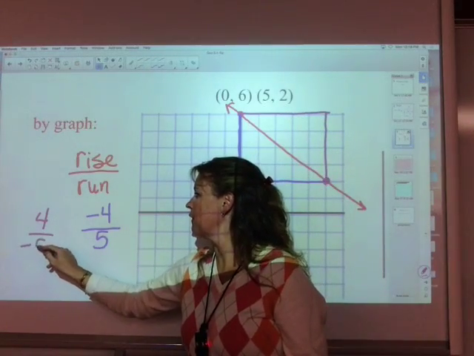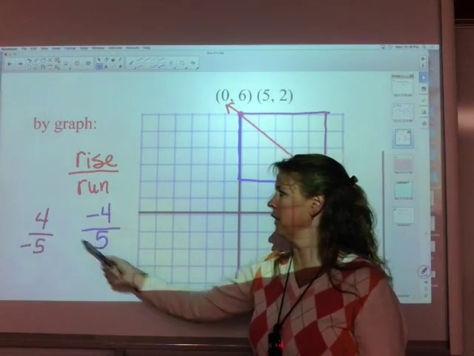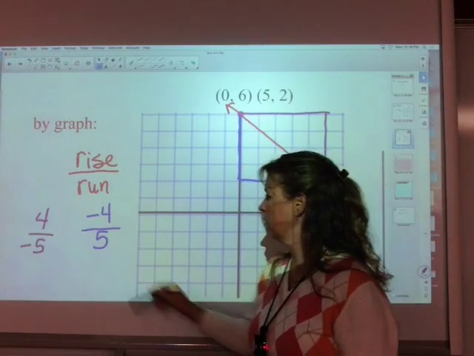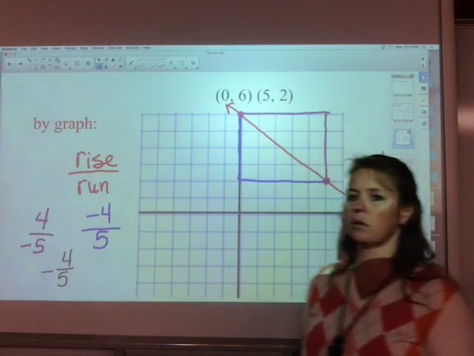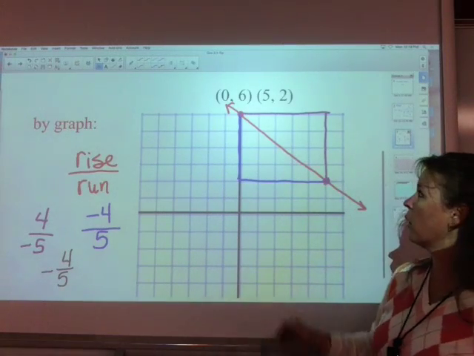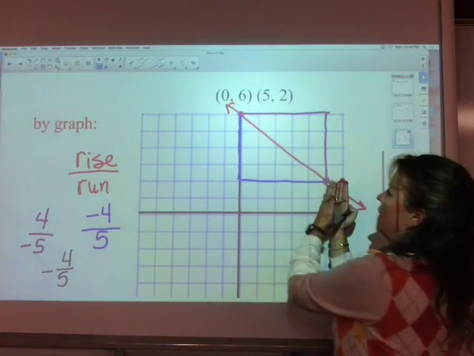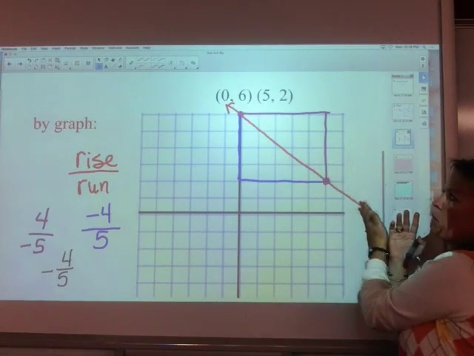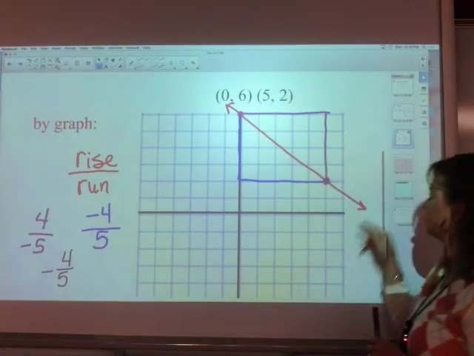If you go left 5, you still have a negative. Whether you write negative 4/5, 4 over negative 5, or negative out in front, 4/5, those three all are the same. You're going to get the same slope whether you count from bottom to top or top to bottom. It is a downhill slope. Your skier would go downhill, therefore it's negative.